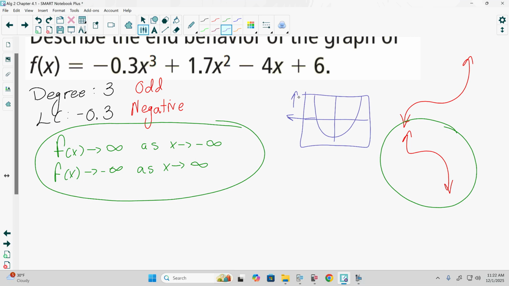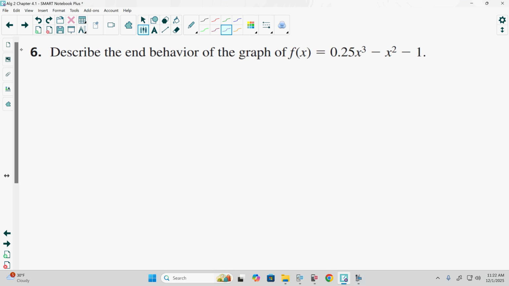Here it says f of x approaches negative infinity as x approaches infinity. So at some point this right side is going to have to go back down. And again, when we graph, we look for zeros, where it crosses the x-axis, for what values of x make the function 0. Which means I need to start looking somewhere to the right to find another 0. It gives us an idea of where these solutions are.